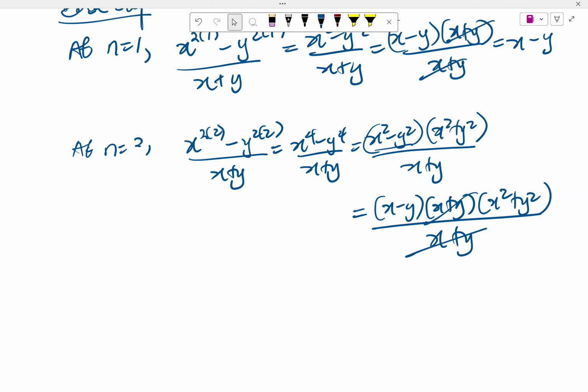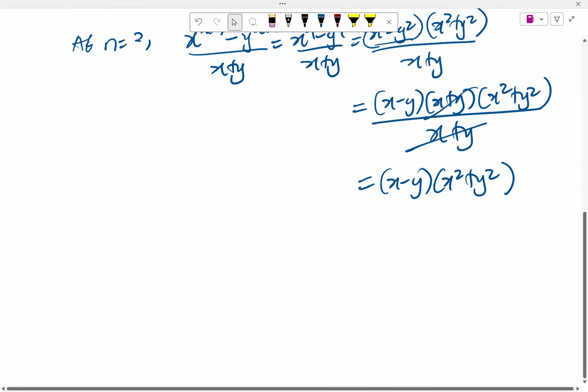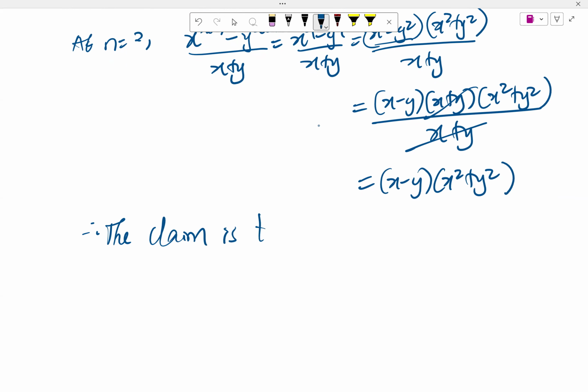Interestingly, x plus y still cancels out. So you have x minus y into x squared plus y squared. So that's sweet. Therefore, the claim is true for the base step.